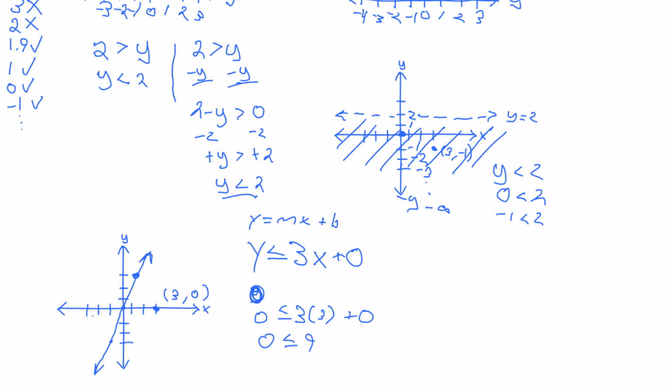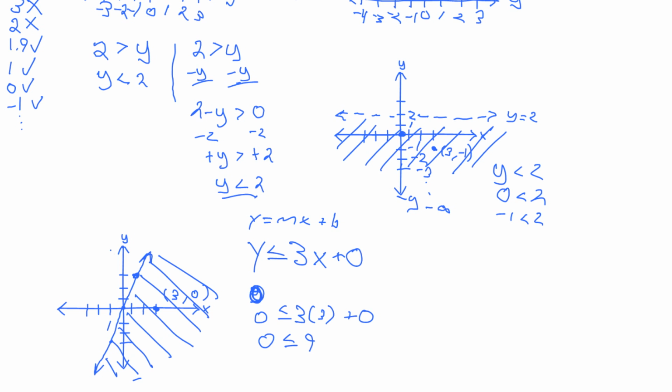Because this is true, everything on this side must be true. And you can go and test them yourself. There's no reason to test all of the cases because there are an infinite number of cases. All right, so we shade this side. Every value that falls under this shaded area, and the shaded area goes on to infinity, satisfies this inequality, y is less than or equal to 3x.